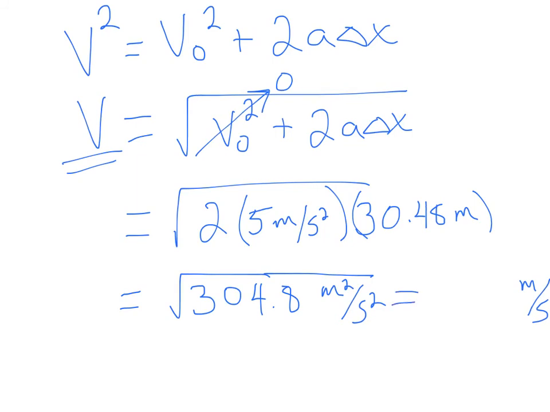And if we plug this into our calculator, we get about 17.5. Now, you might ask, with significant figures, really we should round this all the way up to 20 because we were only given one significant figure with the acceleration. But I'm not worried about that too much, especially right now. 17.5 is good enough. So that is our final velocity.